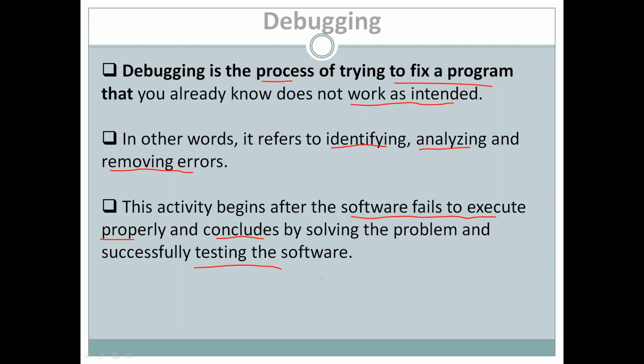Now, how did the word bug come into existence, or how are problems in software called bugs? There is a fairy tale behind the use of the word bug for a software problem or software error.